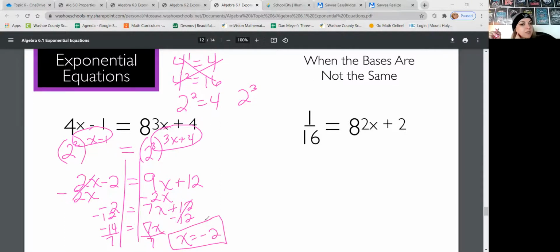Remember, we need to substitute this back into the top to check it. Up here, -2 minus 1 is -3. 3 times -2 is -6, plus 4 is -2. And it's okay that they're not the same because our original base numbers were not the same. So we're looking at 4 to the power of -3 being equal to 8 to the power of -2.